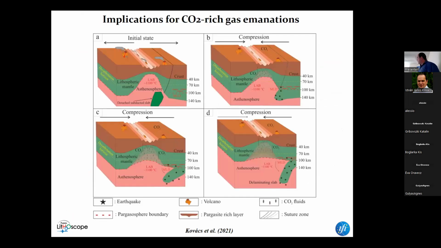Okay, and the last topic, very briefly. Marty was very kind to talk a lot about carbon dioxide and its role, but when we talk about climate change, we also have to talk about geological carbon dioxide emission.